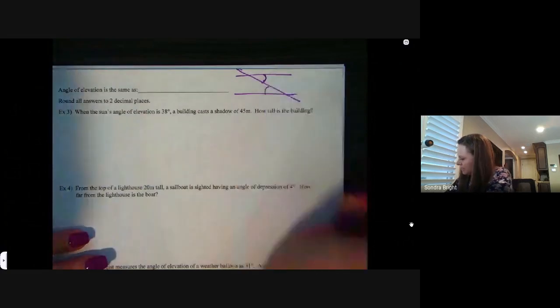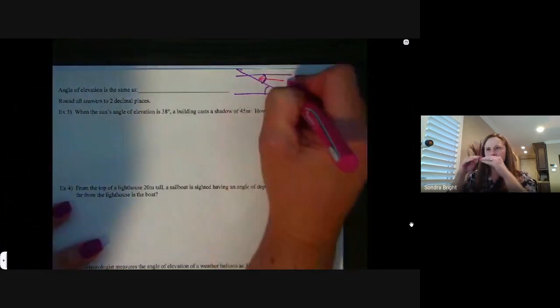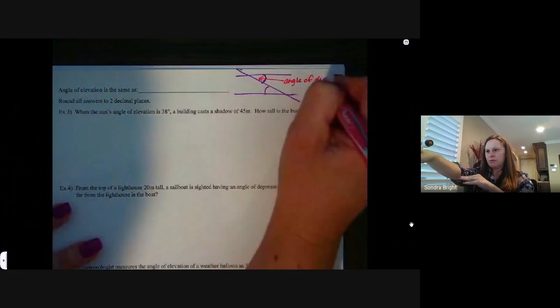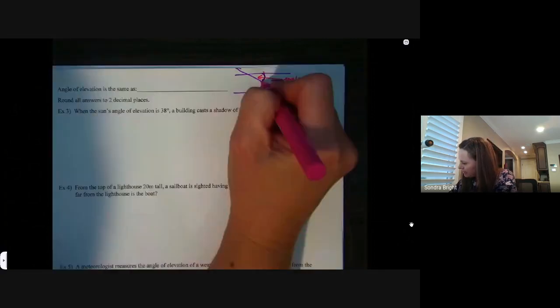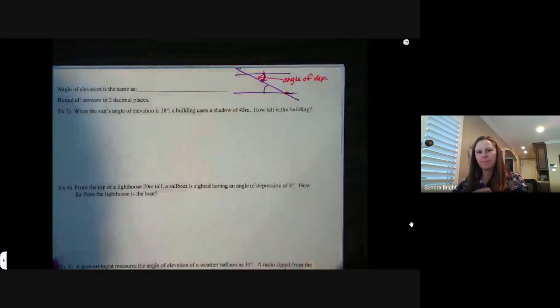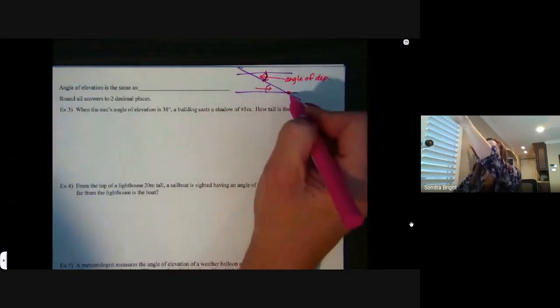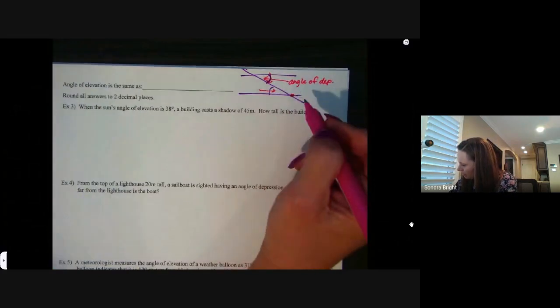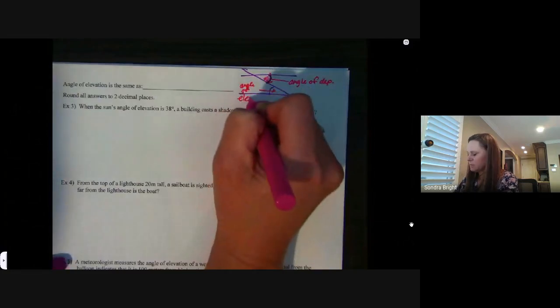Well, this angle here is what we call the angle of depression, because it's like if you're up on top of a cliff and looking straight out, you're looking down to see this point here. But versus this guy here is if you're standing down at the bottom and you're looking up, so your horizon is straight ahead and then you're looking up, it's the angle of elevation. You're looking up to this spot there.